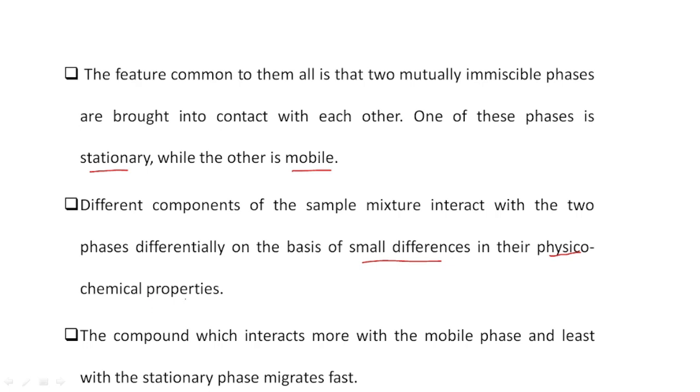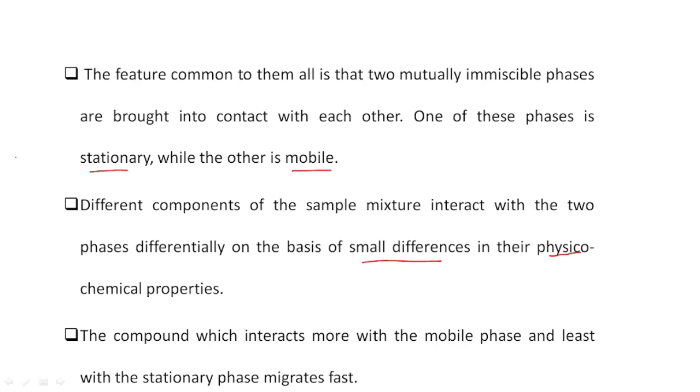Those compounds interact differentially with the stationary phase and mobile phase. If a component interacts more with the mobile phase, it will move faster. If it interacts with the stationary phase, it will move slowly. Based on that, the compounds will be separated.